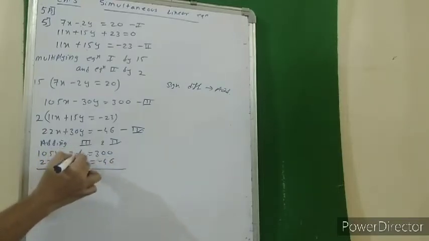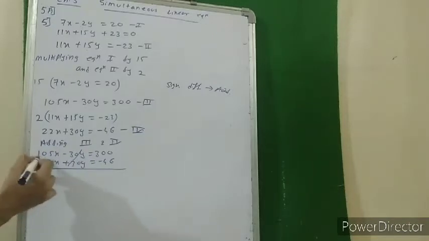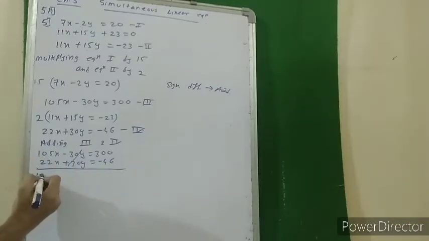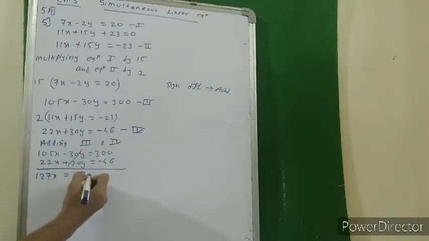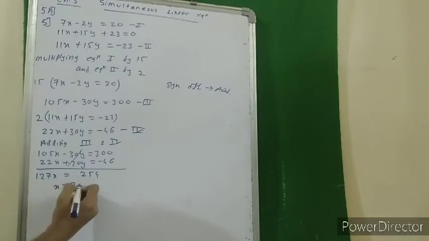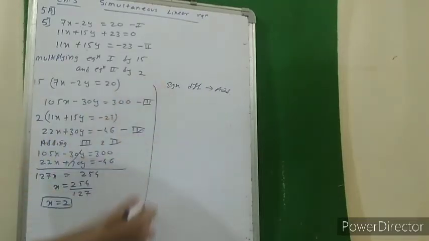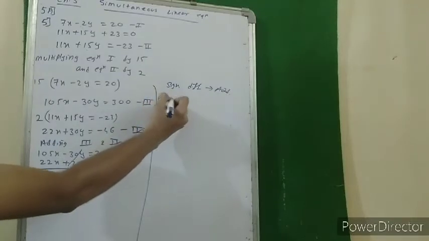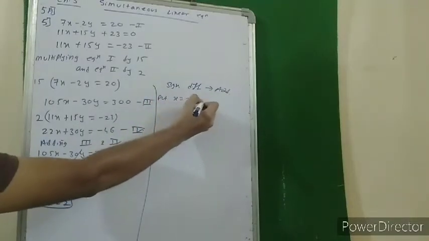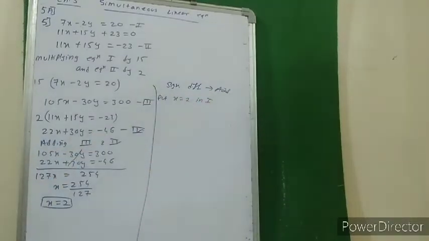While adding, this will get cancelled. 105 plus 22 is 127x, and it is 254. So the value of x is equal to 254 upon 127, which is 2. So the value of x is equal to 2. Okay, put x is equal to 2 in equation number 1.